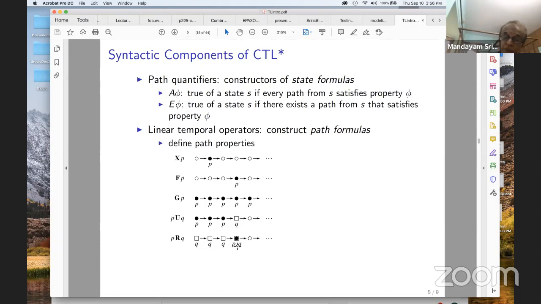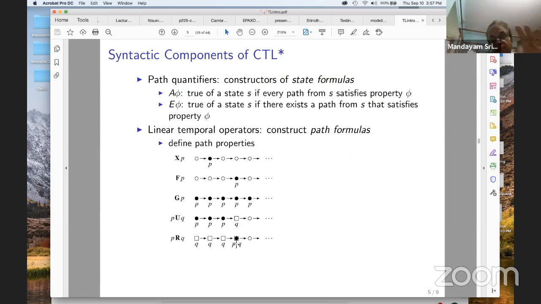Of course, it doesn't require P to be true ever, in which case Q has to be continuously true forever. So Q has to be true until P is true, including the point at which P is true as well.